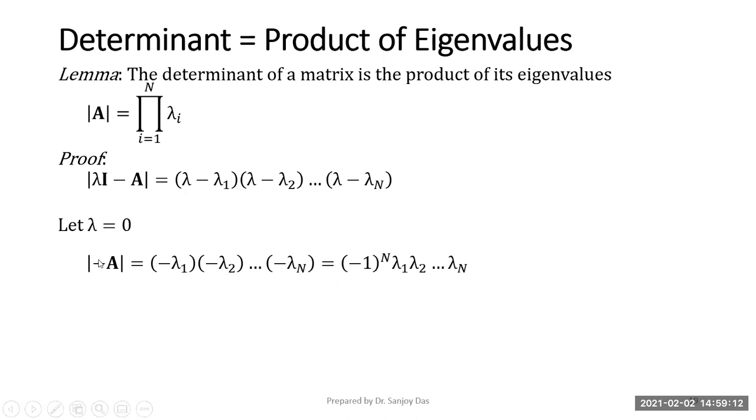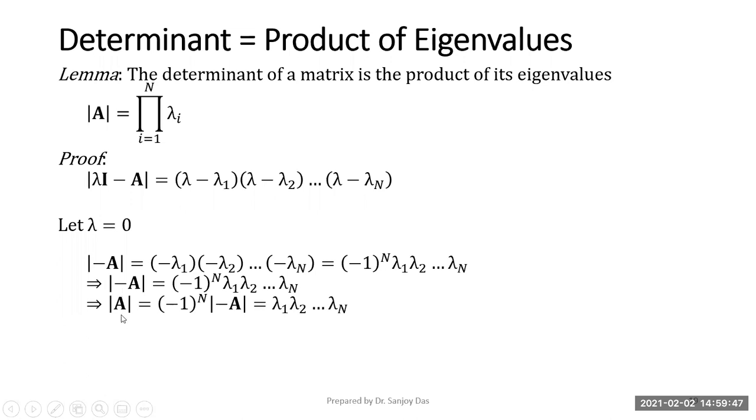Then the determinant of negative A is equal to this, correct? Yes. So it is -1 to the n times the product of the eigenvalues.